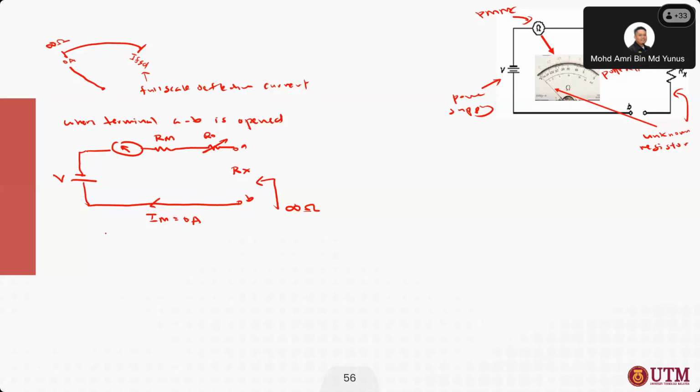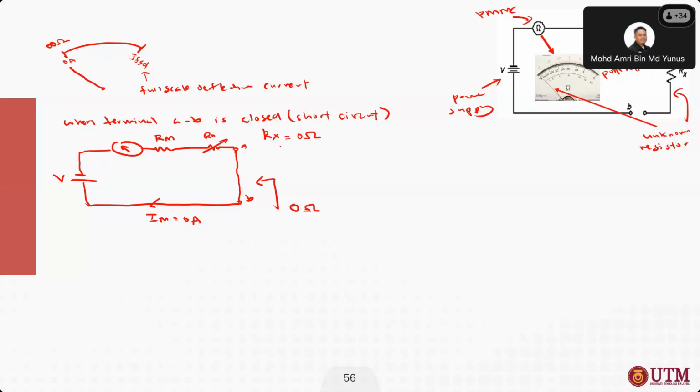But when the terminal AB is closed, or short circuit, the equivalent resistance, the resistance between A and B or Rx, is 0 ohm.